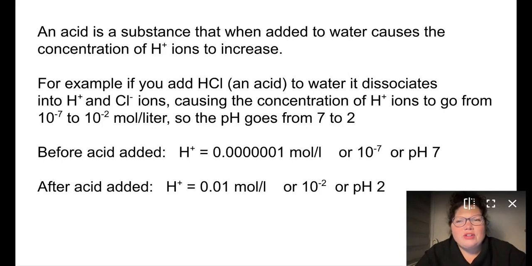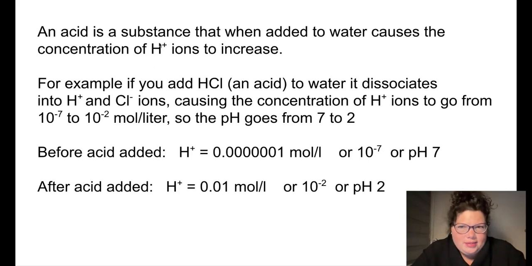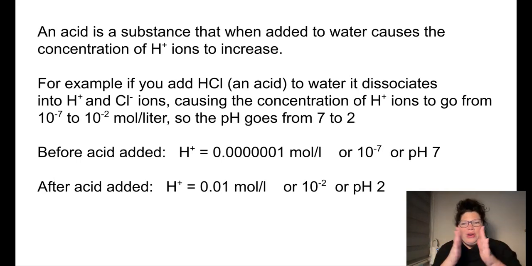You may have heard of different definitions for acids. We use different ones in AP Chem. But at the end of the day, an acid is something that when added to water causes the concentration of hydrogen ions, H+ ions, to increase. For example, if we add HCl, an acid, to water, it's going to break apart and we're going to get an H+ ion and a Cl- ion.